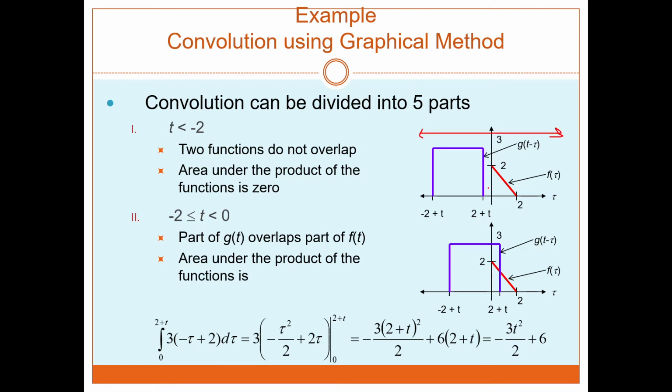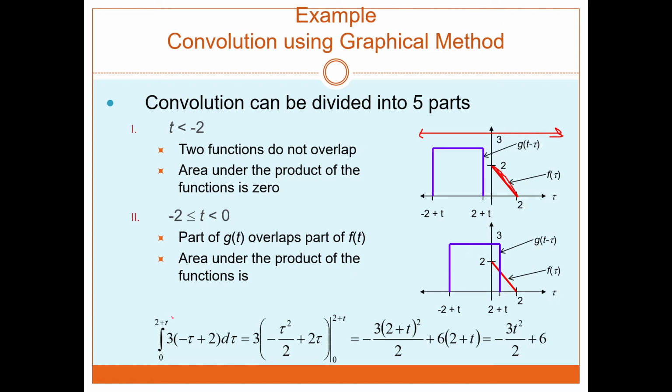For the first region, t less than minus 2, these functions do not overlap because the first function only exists here. So the area under this product is 0. Then from minus 2, somewhere here, to 0, some of it will overlap.